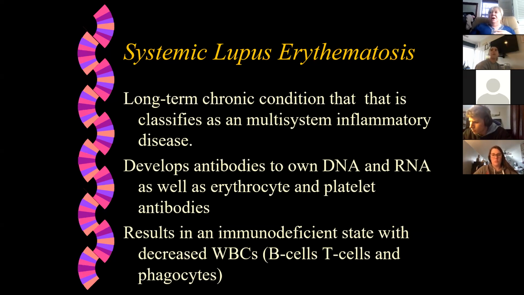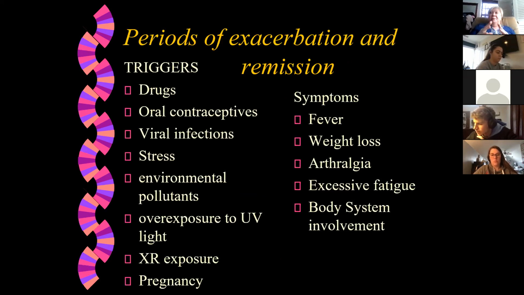So you typically will go into remission, where you might not be having a lot of symptoms, or you will go into exacerbation. And there are things that tend to trigger exacerbation, trigger symptoms. These triggers are pretty much across the board. One of the things is certain drugs.